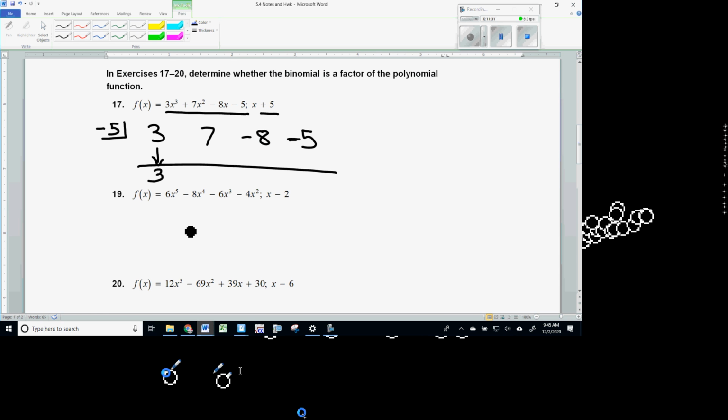Negative 5 times 3, negative 15. 7 plus negative 15 is negative 8. Negative 5 times negative 8 is 40. Now we add negative 8 plus 40, 32. Negative 5 times 32, negative 160.